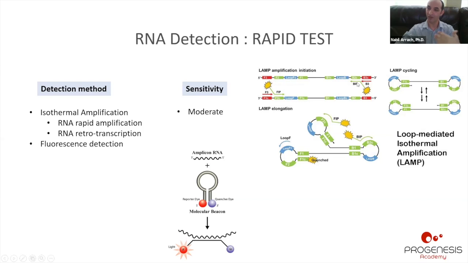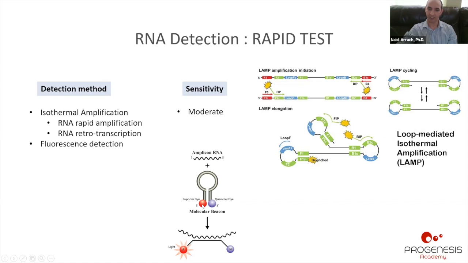As you have more amplification, you will have more DNA binding, and therefore more fluorescence. To illustrate this in a little more detail, look at this molecular beacon strategy.